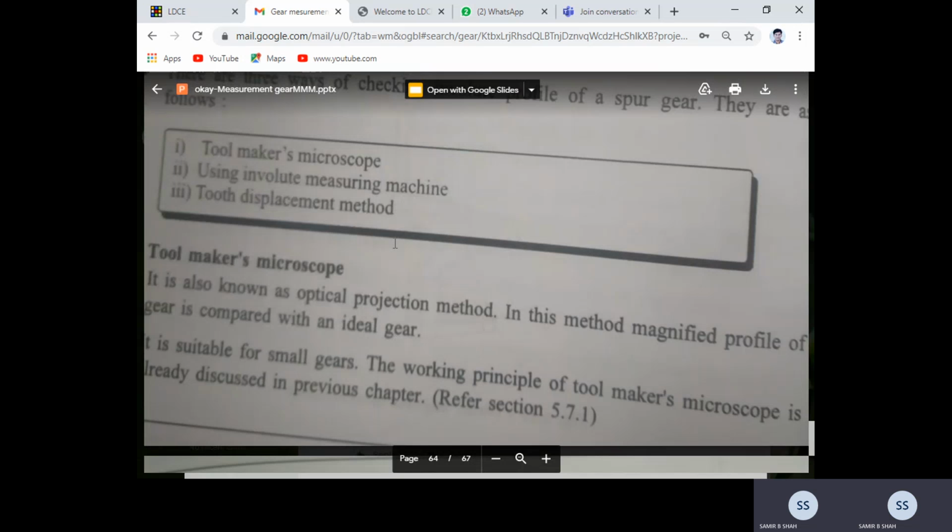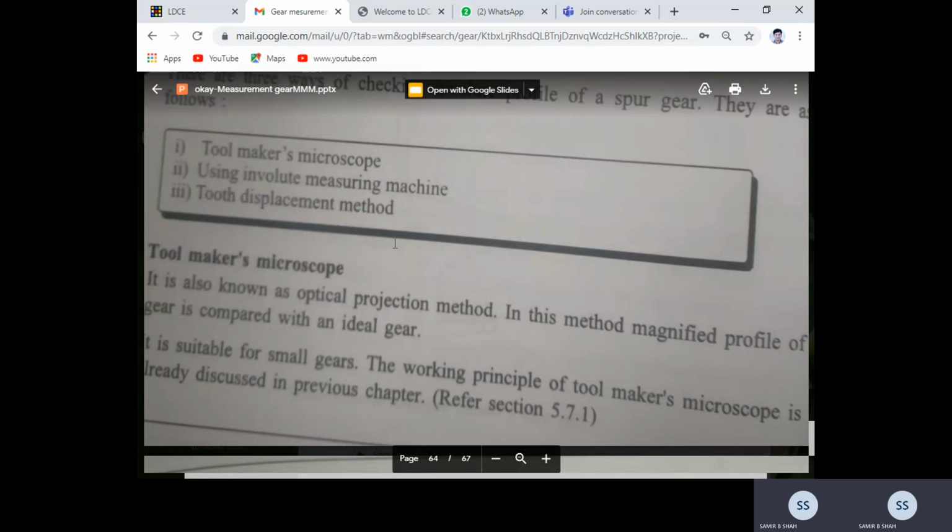Tooth displacement method. This is the third method to check the gear profile. You can see in the diagram how we measure the profile with the displacement method.